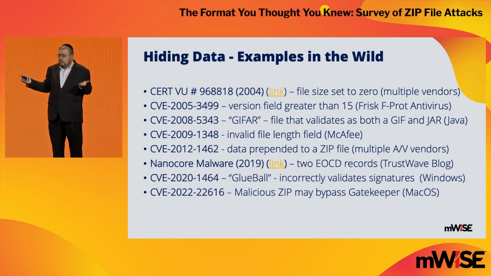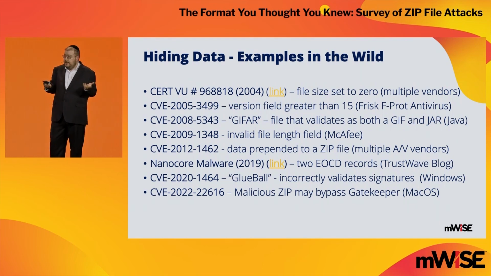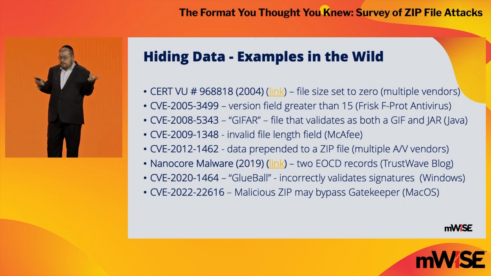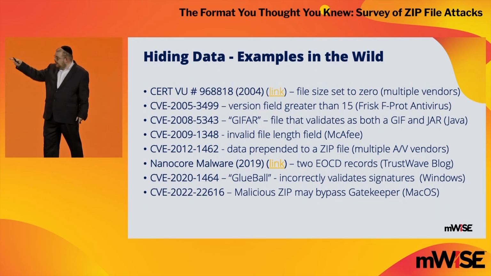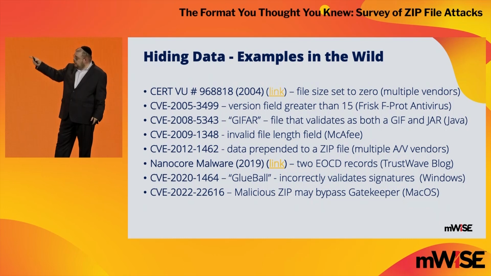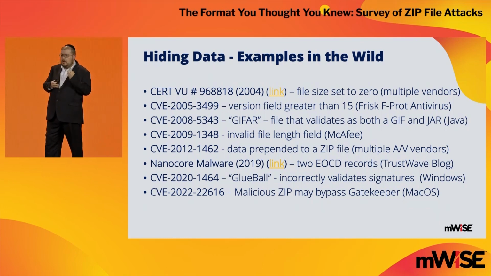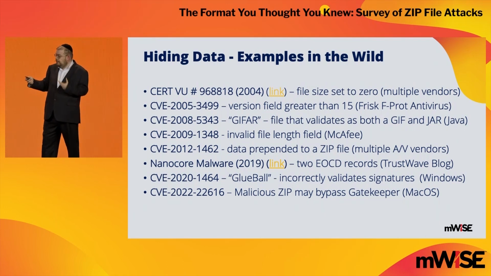But if you run it with Java or any other system that runs executable code through zip, it will execute. And it will just go through. macOS is an interesting one also, where you could stuff data into it, where it will bypass Gatekeeper. And there's a whole bunch of other ones, essentially, when you mess around with different parts of a zip file. And at that point, they will go through.